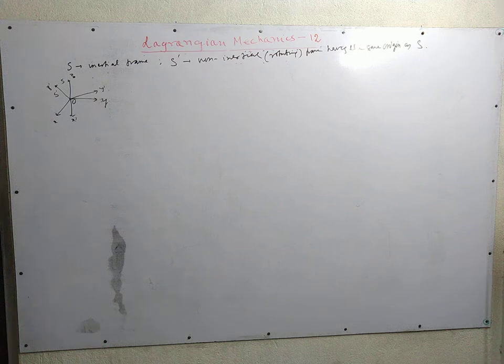This is probably our last lecture on Lagrangian mechanics. In the second half of the last lecture, we started the discussion on the Lagrangian in an accelerated or non-inertial frame.